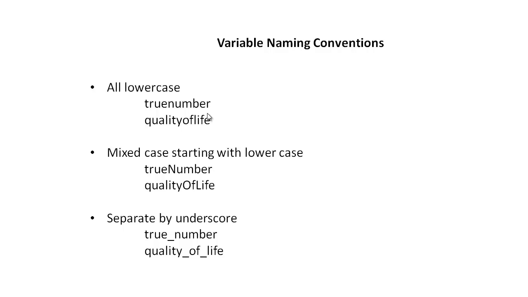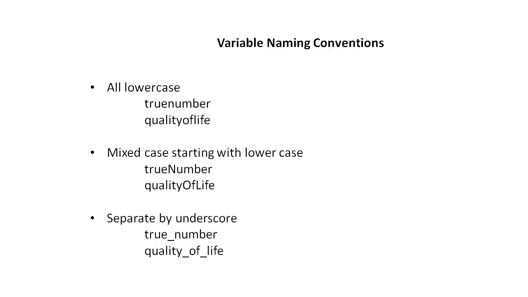But whatever style you use, be consistent. One style is to use all lowercase, as indicated for these two variables. Another is to use uppercase letters for the start of some new word in your overall term, like trueNumber or qualityOfLife. And finally, you can try to improve readability by separating the different words in your term by underscores.